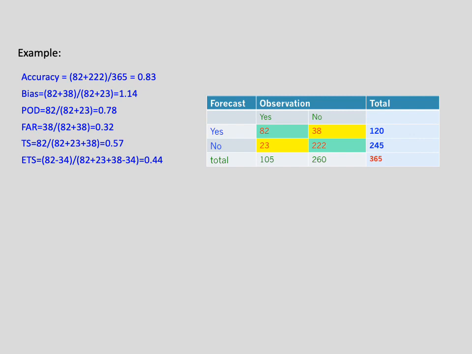The bottom two are threat score and equitable threat score. Note that ETS is lower than TS. This is because ETS is adjusted for correct forecast associated with random chance. It is always easier to forecast a rain event in a wet climate than in a dry climate.